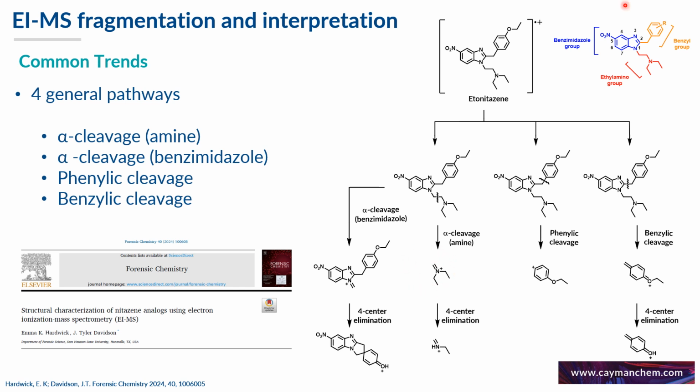And then we have phenylic cleavage, and that occurs at the bond adjacent to the phenyl group, and it forms this phenyl ion. And then we also have benzyl cleavage that occurs at the bond adjacent to the benzimidazole, and that leaves these benzyl fragments. And each of these intermediates can undergo a subsequent 4-center elimination to form secondary fragments.